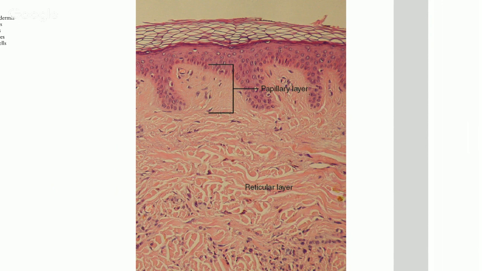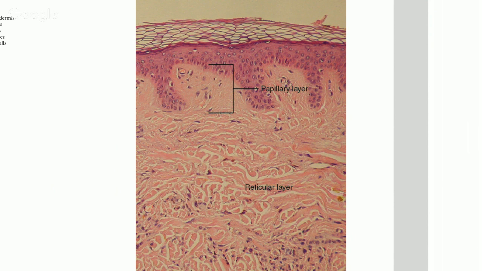Every epithelium has areolar connective tissue next to it because areolar connective tissue has a lot of space in it for blood vessels to get in. So the blood vessels to keep these cells alive are in the tissue right here. And you're always going to see areolar connective tissue and its blood vessels adjacent to every epithelium in your body.